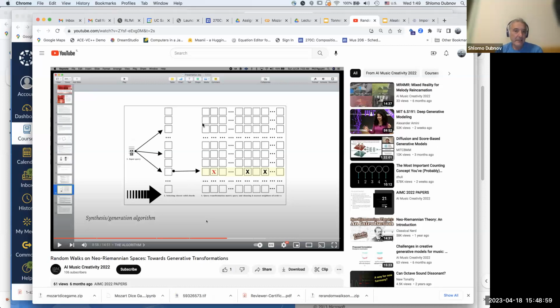But here it is done in a much more straightforward database query way, where you use whatever you generated right now, the current segment in the musical piece, translated into a query that matches the key, and it extracts a value, and that value is the next musical piece that you're going to add, concatenate to your composition.